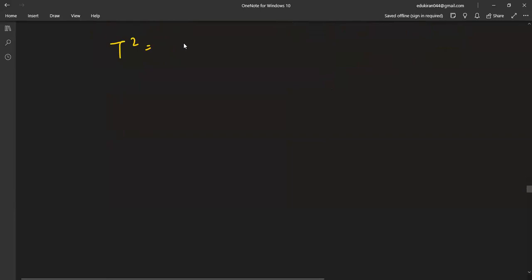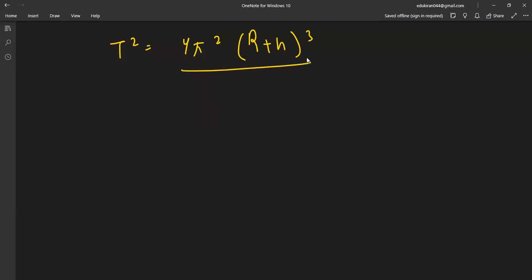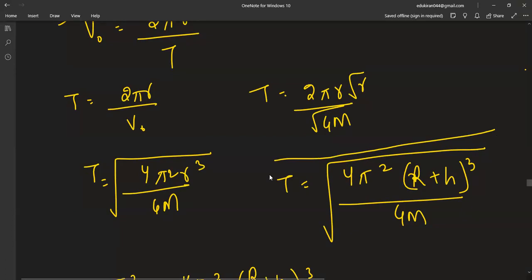T square is equal to 4 pi square, r plus h whole cube divided by GM. This is how we'll write. Now, what is r plus h equal to? See, this is the formula of time period. You have that formula of time period.